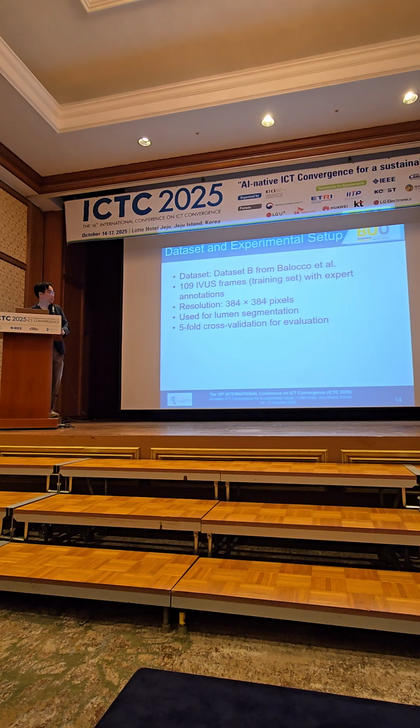And we use these images to train our model to find the lumen in the vessel. To make sure our model works well and doesn't just memorize data, we use a method called fivefold cross-validation, which means we split the data into 5 parts and take turns training and testing. This gives us more reliable results.